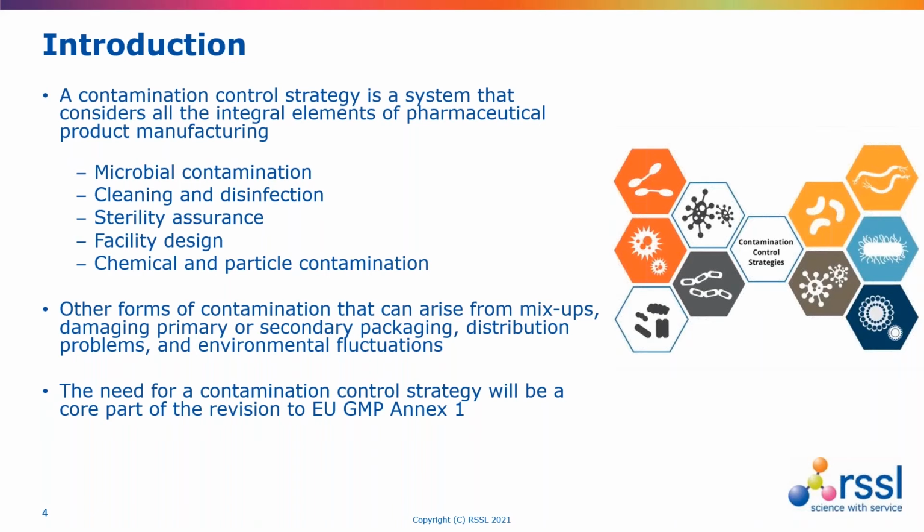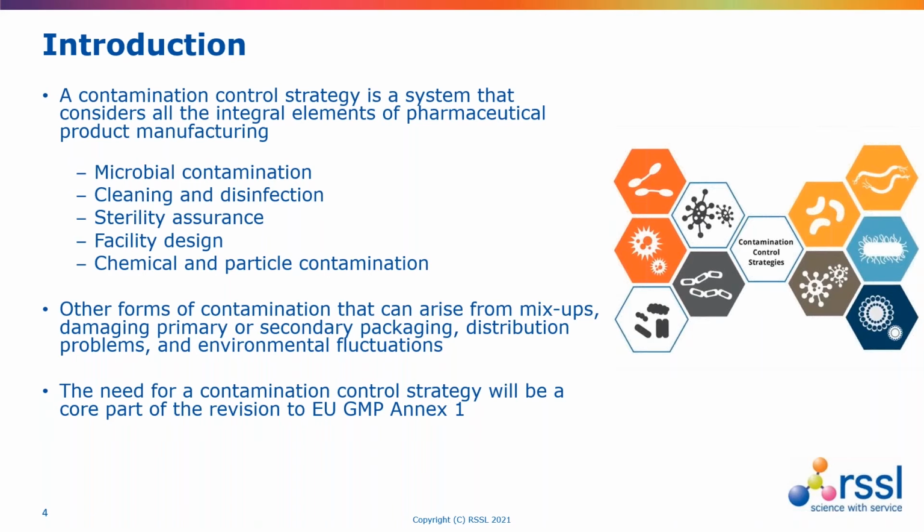So a contamination control strategy is a system that consists of the integral elements of pharmaceutical product manufacturing. And it's something that's best achieved using quality risk management principles and supporting risk assessment. So for the previous webinar in this series, we looked at risk assessments, and then we're keeping those in mind as we decipher what is involved with the contamination control strategy itself.